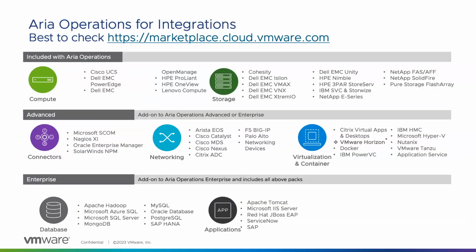So this is how it's bundled together. Along with the bundling of Aria Operations for Integrations, again a brand new name, it used to be called the True Visibility Suite. Some of these are included when you license Aria Operations, which is that top layer. So you have compute, storage that is included, as I gave an example, even Cohesity as a backup is used, and we have even Avamar and so on being reported.